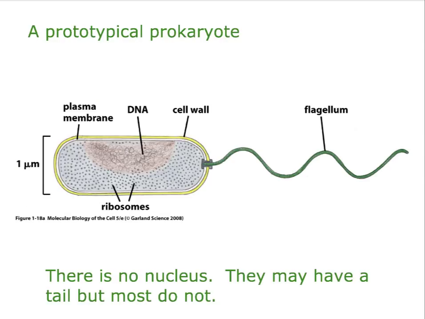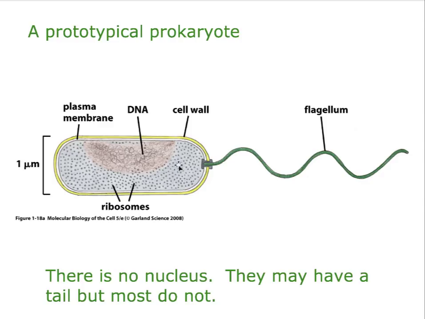If one was to hypothetically combine all the features found in prokaryotes into a prototypical cell, then this one here would be that representation. It doesn't mean that every cell in prokaryotes has a tail, but those that do have very similar tails. So once again, one feature shared by all prokaryotes is that they have no nucleus.